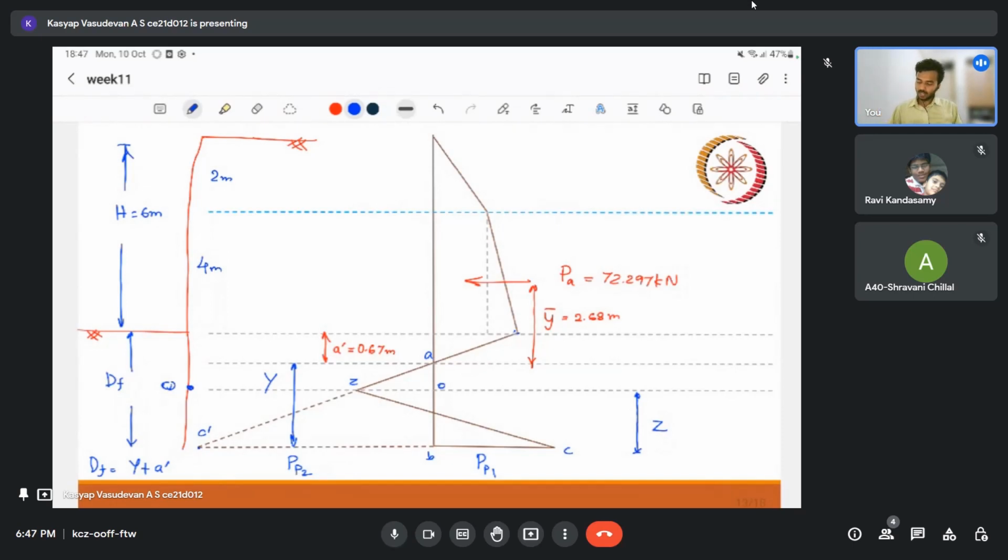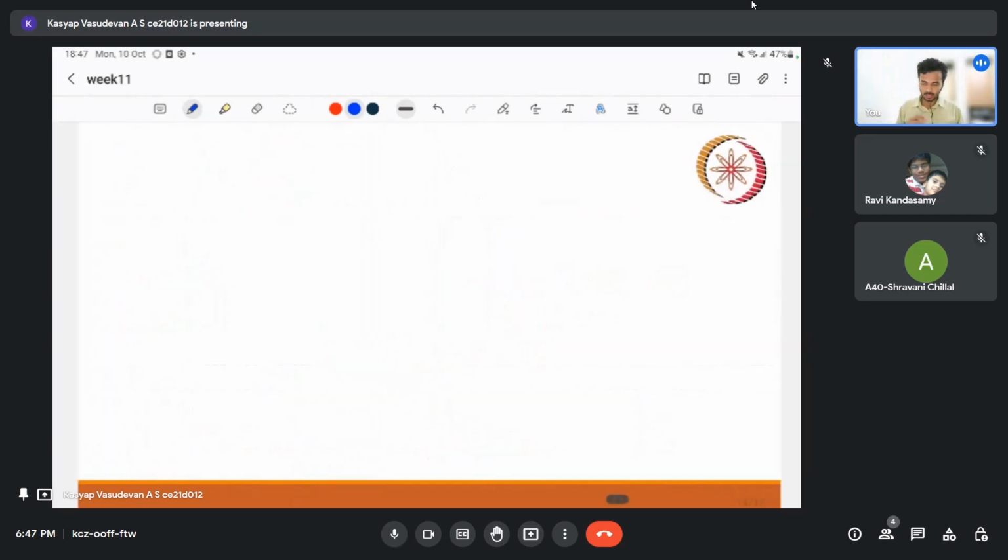So what we are trying to do is derive this PP1 and PP2. PP1 is nothing but Kp gamma (h plus d) minus Ka gamma t.